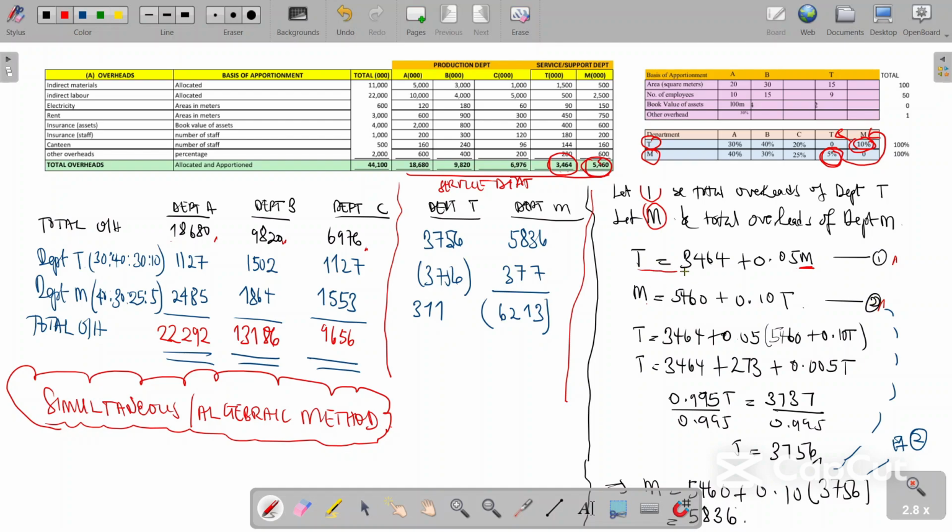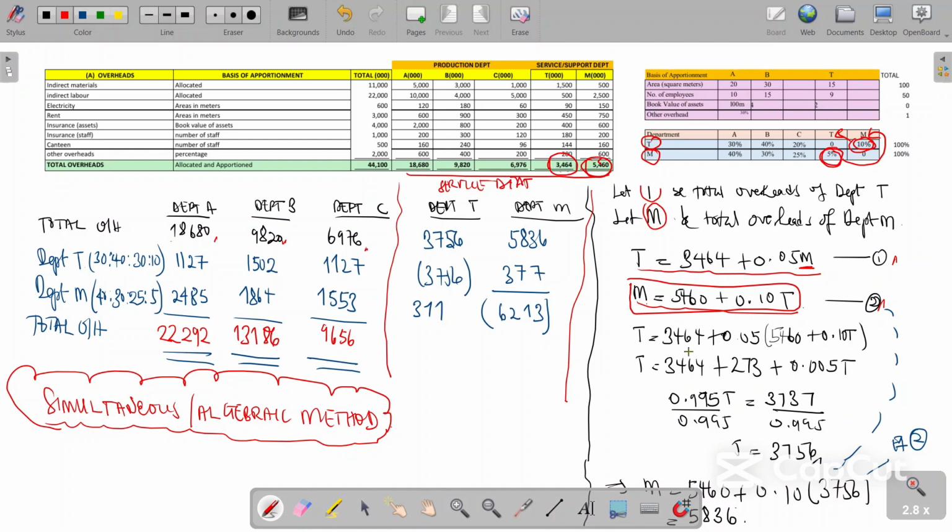T is entirely the whole of this, and M is entirely the whole of this. So we can choose to put T in M or M in T. Let's put M in T.